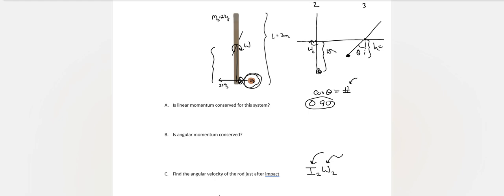If this number ends up being between 0 and minus 1, that's no problem at all. What will happen is when you take the inverse cosine, you will get an angle between 90 and 180. And that's physically possible. You know, just imagine this object doesn't end up here. It ends up here somewhere. That's going to give you an angle like 130 or something like that. And again, you're going to be done.